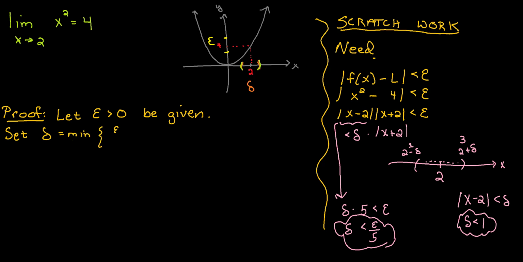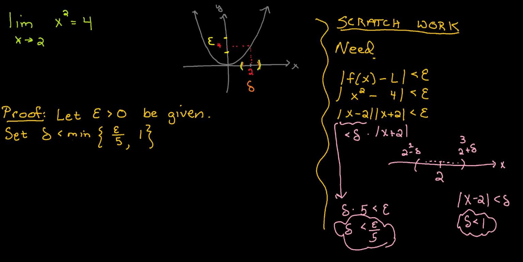The minimum of epsilon over 5 and 1. And again, you could make that a strict inequality if you wanted to, but epsilon is usually quite small, so we are okay with setting it equal. But either way is fine. So there's our delta. We have figured out what delta needs to be.